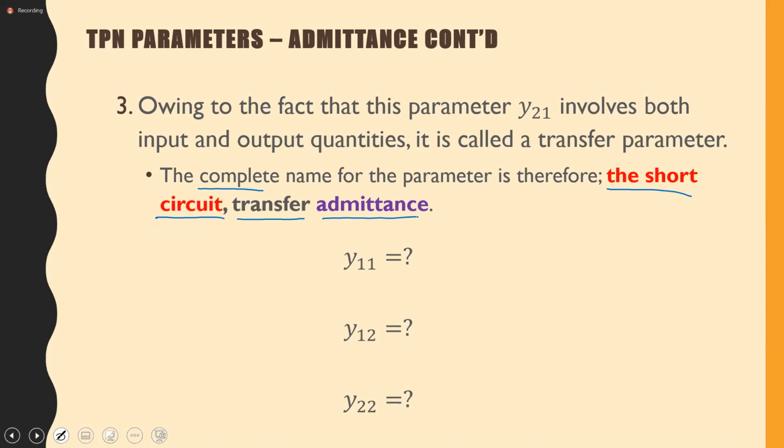And then thirdly, it is current over voltage, and so we know it's an admittance. So Y21 is the short circuit transfer admittance. Any questions?